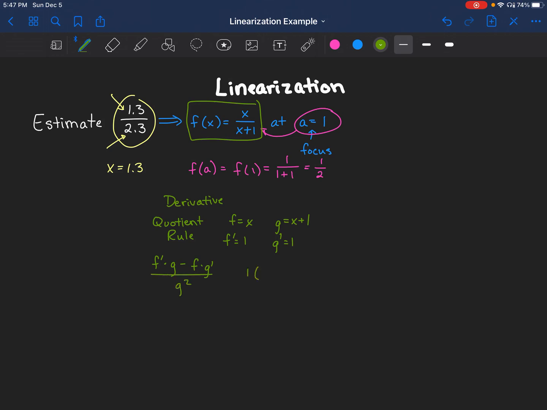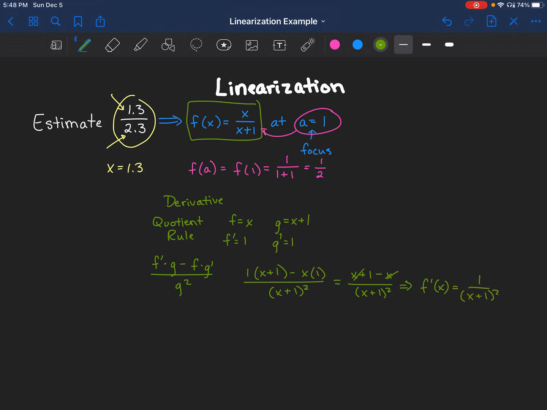So it'll be 1 times x plus 1 minus x times 1, over x plus 1 squared. All right, let's do some math. 1 times x plus 1 is going to give me x plus 1. 1 times x is going to give me x. And those x's should cancel, leaving my final derivative answer as 1 over x plus 1 squared.